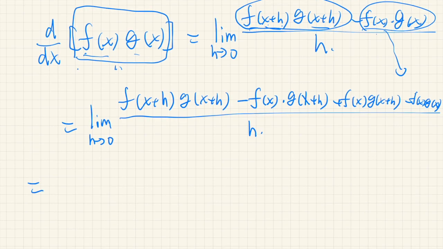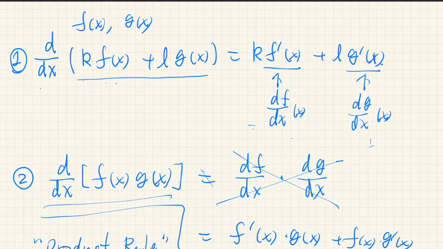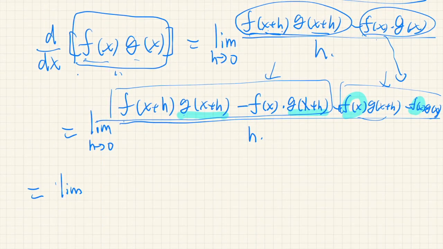Let's consider this part. We have a common factor here, so we can factorize, and for this one, we have a common factor, and we can factorize. This part and this part are just addition, so we can split the limit according to the first result. It's a linear combination, right?